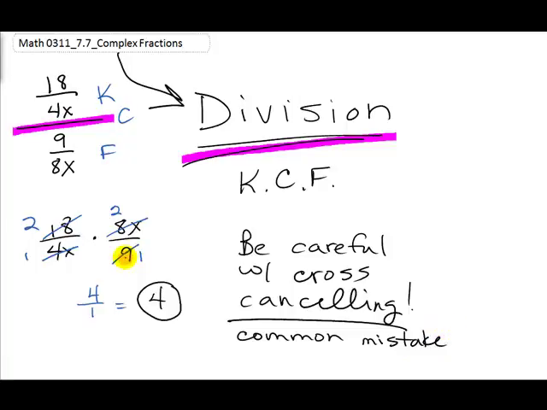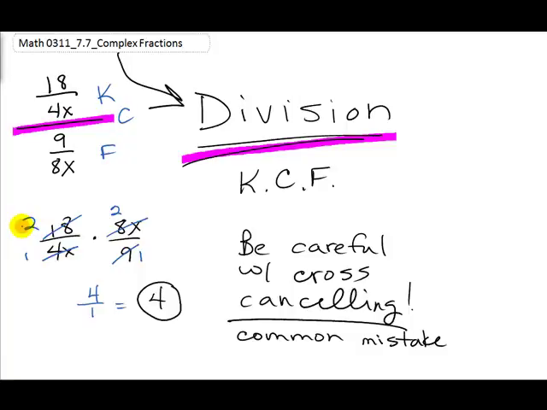Like here when I said 9 and 18 could both be divided by 9. Because I just said 9, sometimes I may write a 9 here instead of a 1. Even though I just said they can both be divided by 9. So you just want to be careful that you're not writing the number that you just said, that you're putting the right one. So 9 divided by 9 is 1. 18 divided by 9 is 2. We wouldn't want to accidentally put the 9 there.